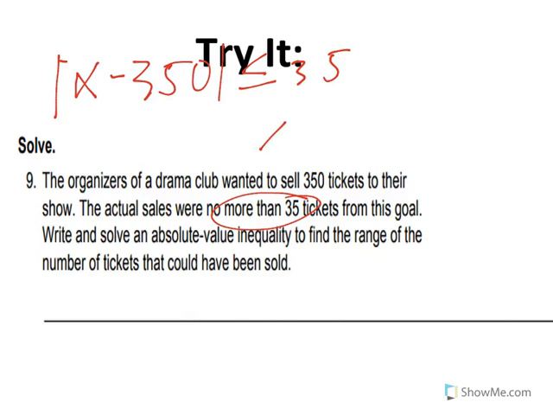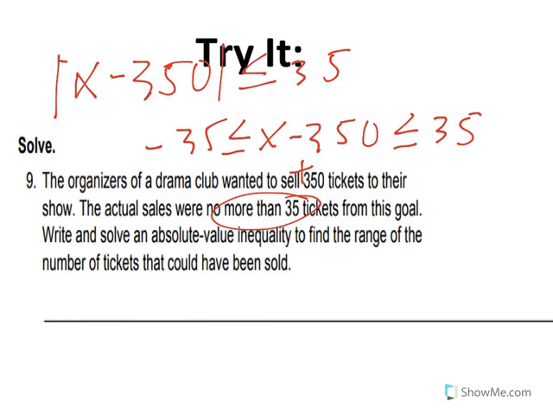So we can set this up to solve for x. We say x minus 350 is greater than or equal to -35, and less than or equal to 35. So I'm going to add 350 to all of this.